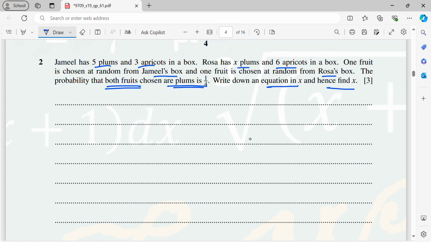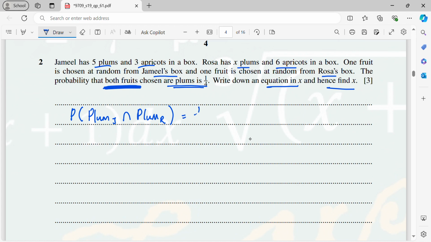Okay, so if the probability of both fruits being plums, that means it should be plum from Jamil and plum from Rosa, where R means Rosa.